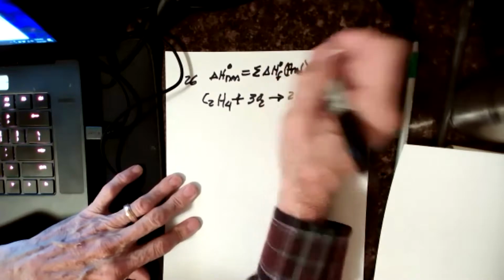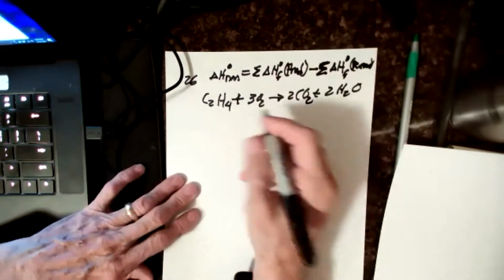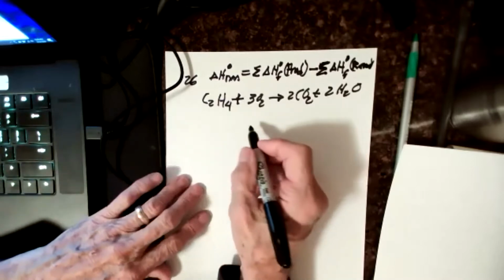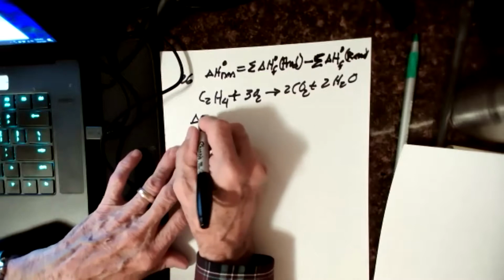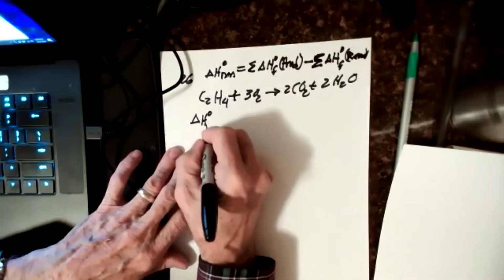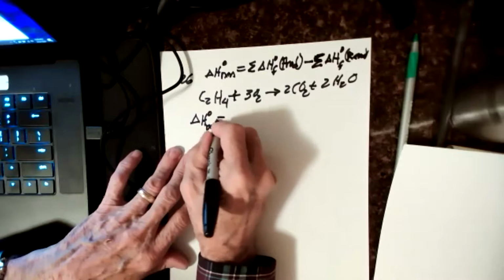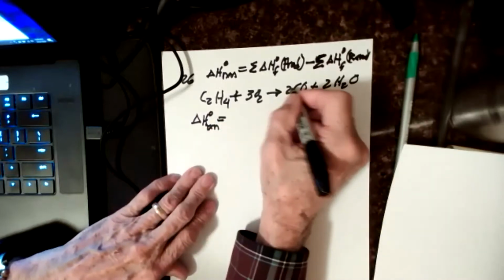These are standard state values. And it gives you a table of data on the exam. So let's write out the values and then I'll plug in the numbers. The delta H then for this reaction is the sum of the heats of formation of the products.